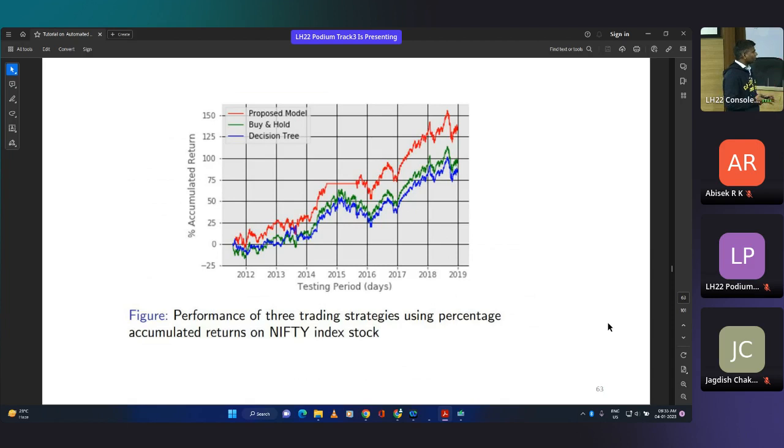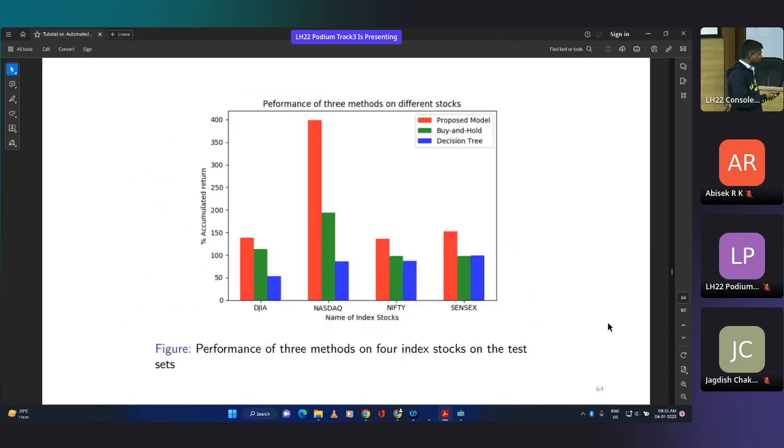Our trading strategy outperforms these two known trading strategies in terms of percentage accumulated return. And this is the performance of three models on all four different datasets. In every case, the proposed model is better compared to the decision tree and buy and hold based trading strategies.